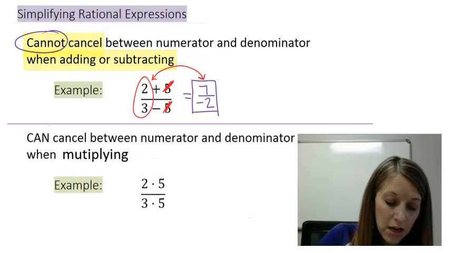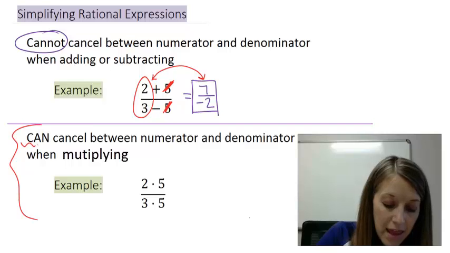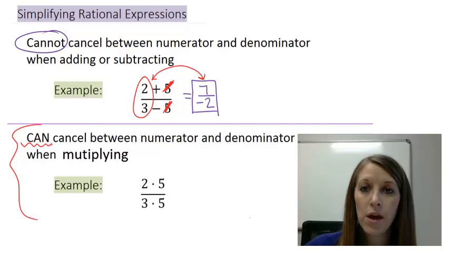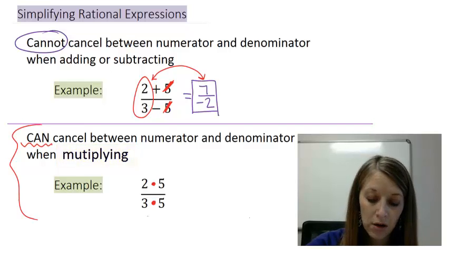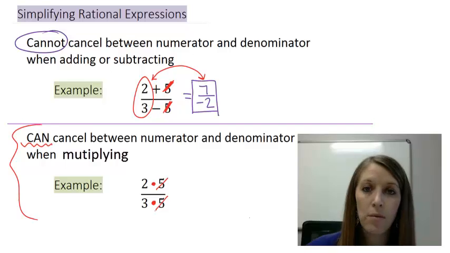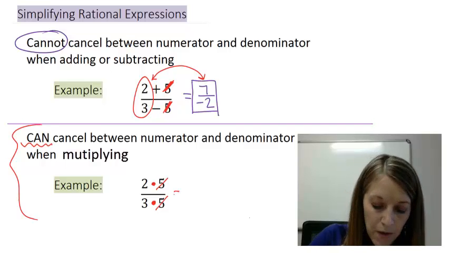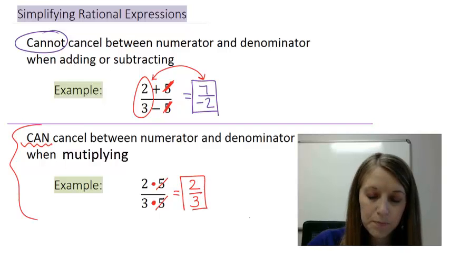But if I look down here, I can cancel between numerator and denominator when I am multiplying. So here I have 2 times 5 and 3 times 5. So I'm multiplying here, so I can cancel my 5s in this fashion, and that gives me my ultimate answer of 2/3.